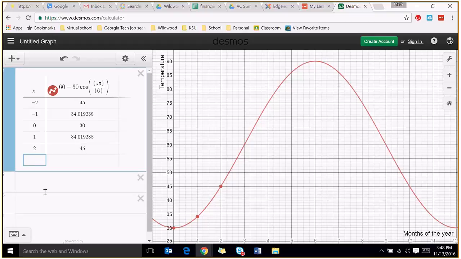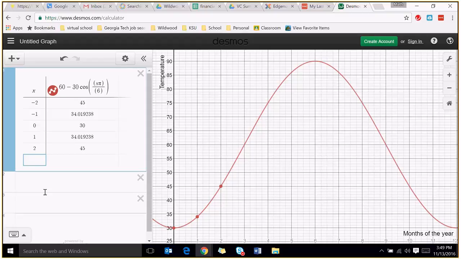The next question asks about April. So what is the month number that you would use for April? 5. No, remember it's one less. Oh. So remember January was 0, February was 1, April is 3.